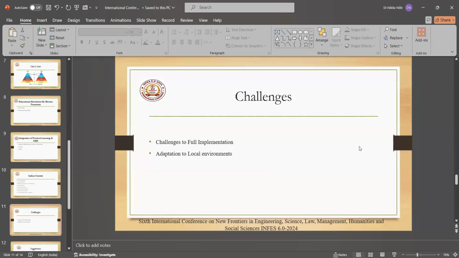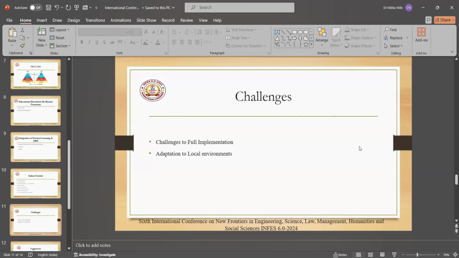The challenges which are basically faced and seen through the conceptual framework are that full implementation is actually not much possible, and local environment adaptation is not possible. Let me give you a very simple example.